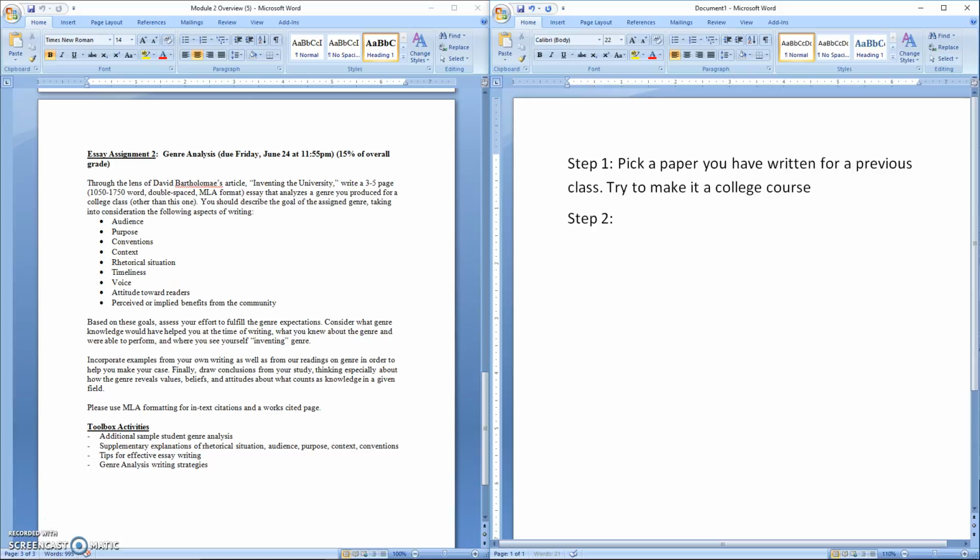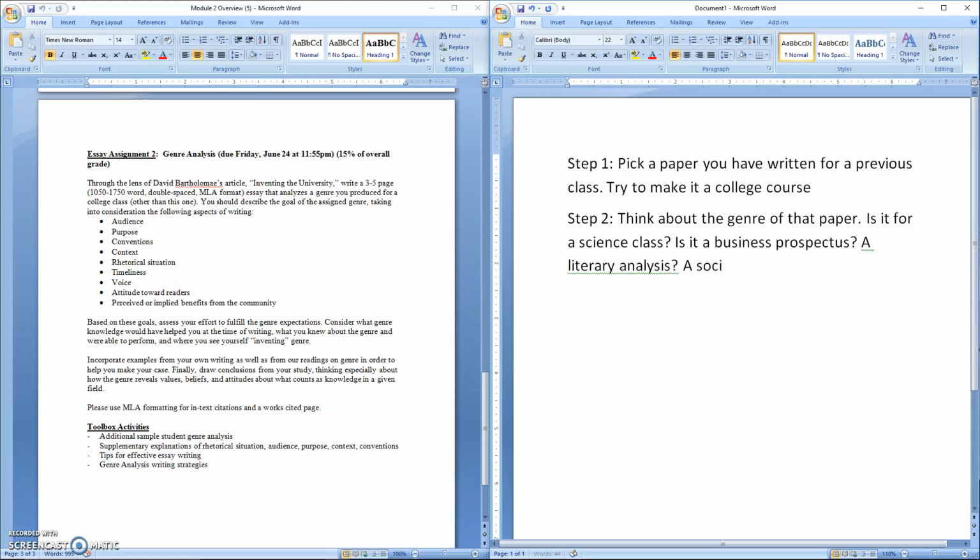Step two is to think about the genre of that paper. So what I mean by that is, is it for a science class? Is it a business prospectus? A literary analysis?